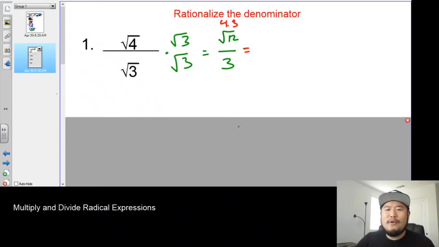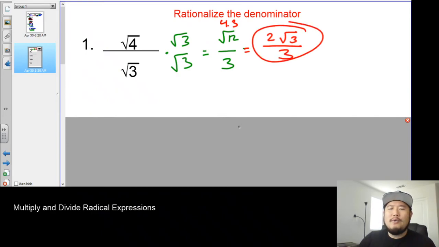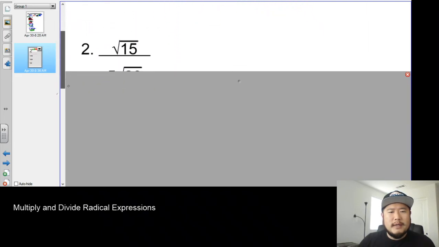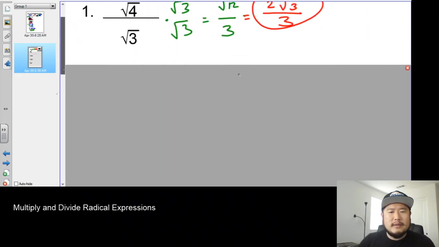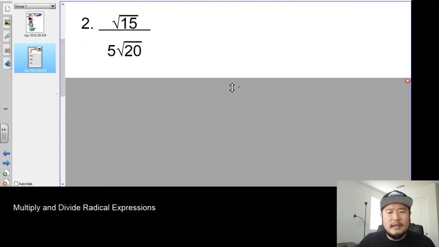The square root of 4 is 2. And then we end up with rad 3 over 3. Now we have our answer simplified. So rationalizing the denominator is absolutely critical right here. It is an important piece to being able to solve problems in algebra 2.